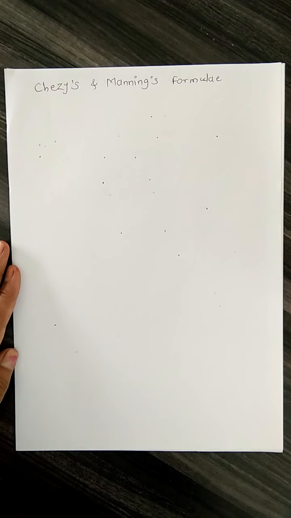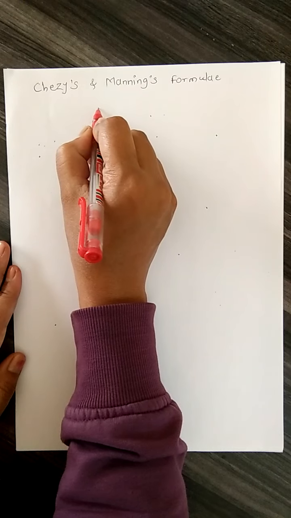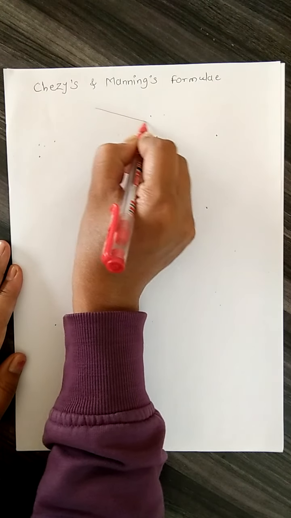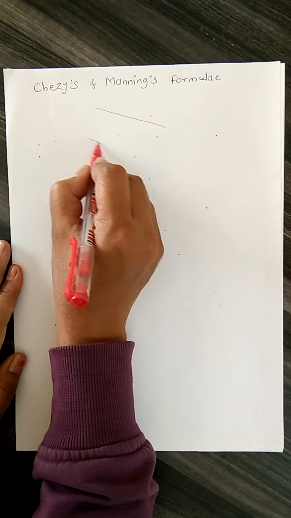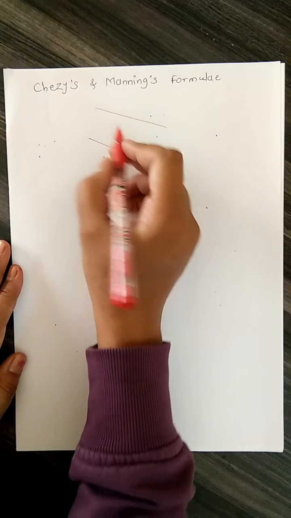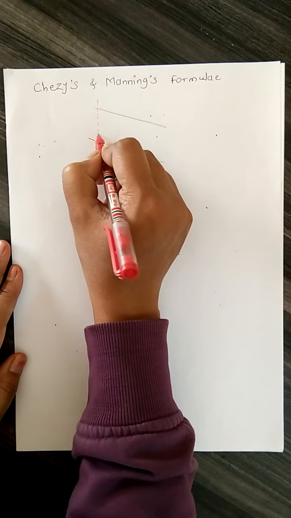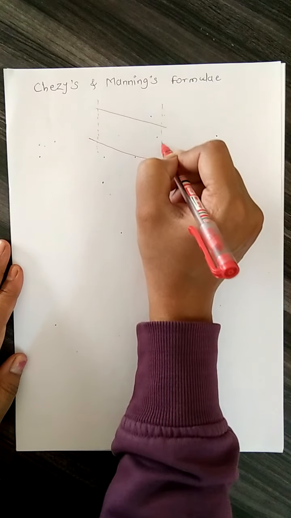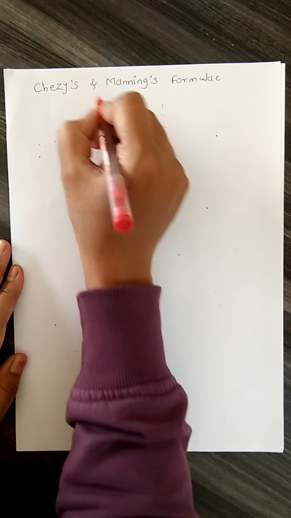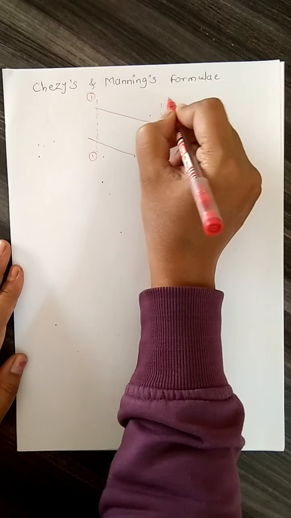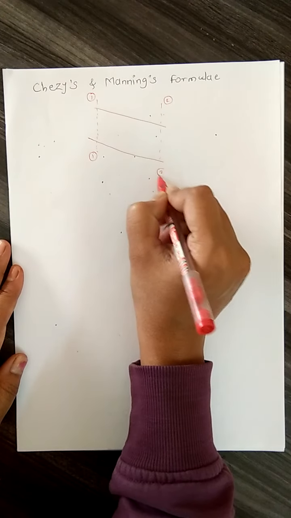So we consider a steady uniform flow of water in an open channel whose bed slope is S and cross section is uniform. For this we draw the diagram. So this is our diagram. We can show the two sloping portions. This is the section 1-1 and this is section 2-2.